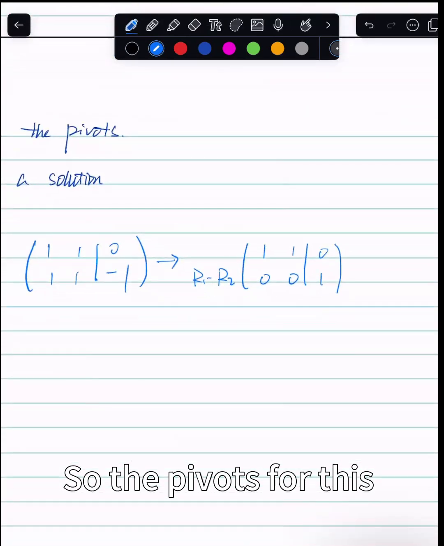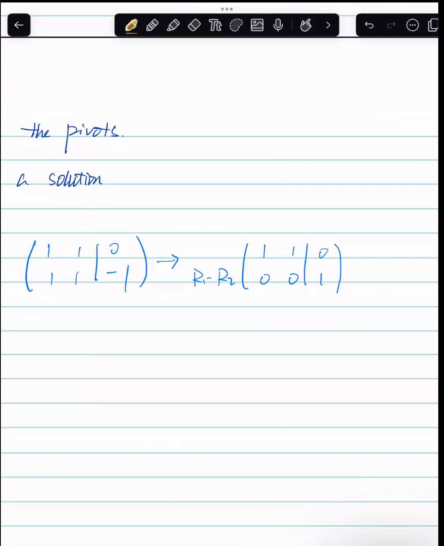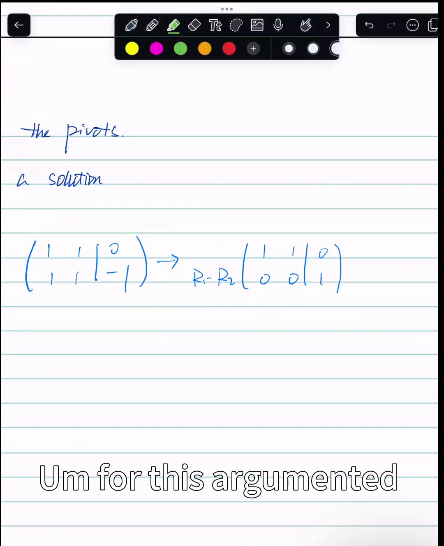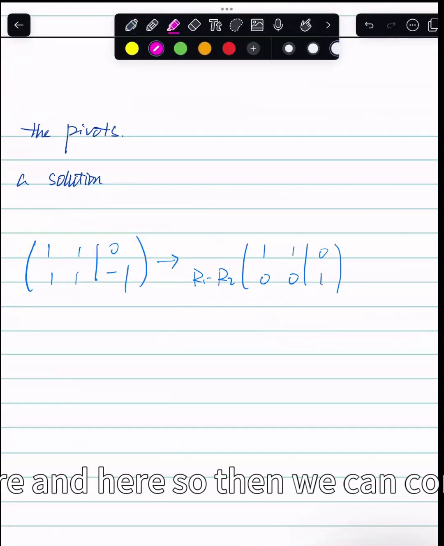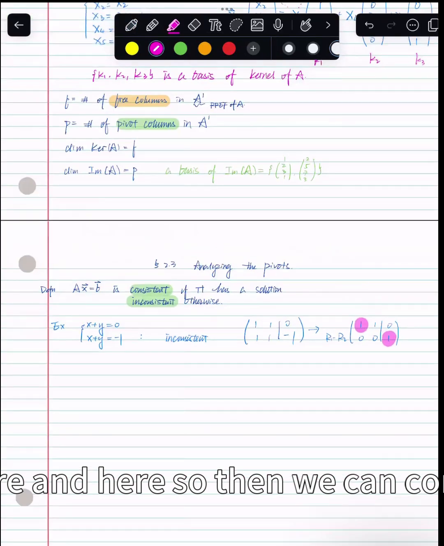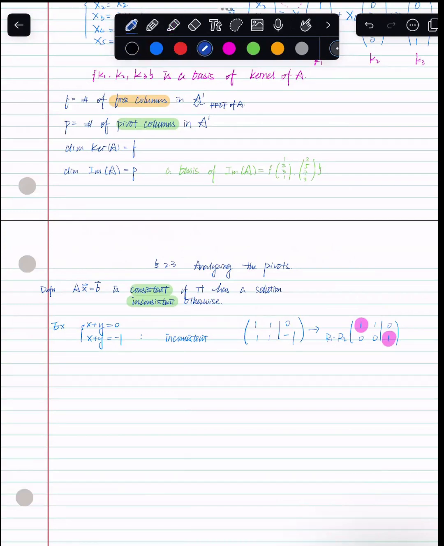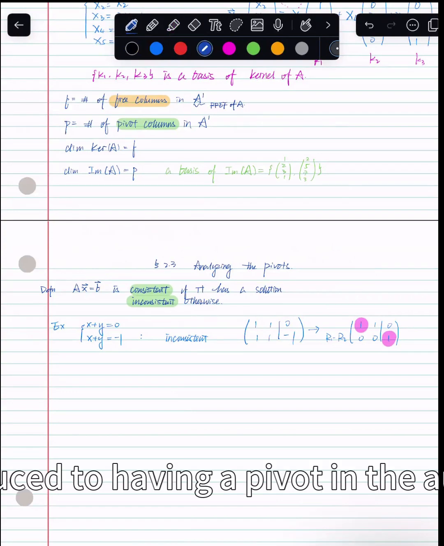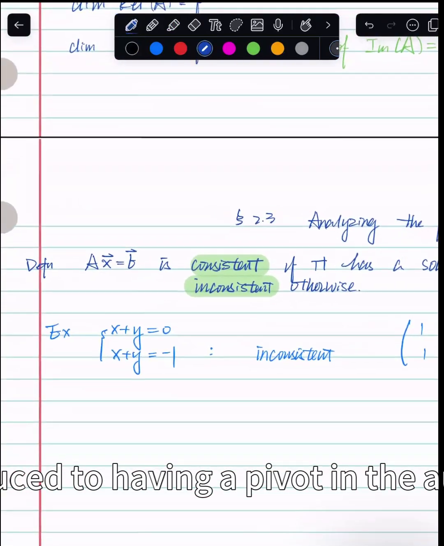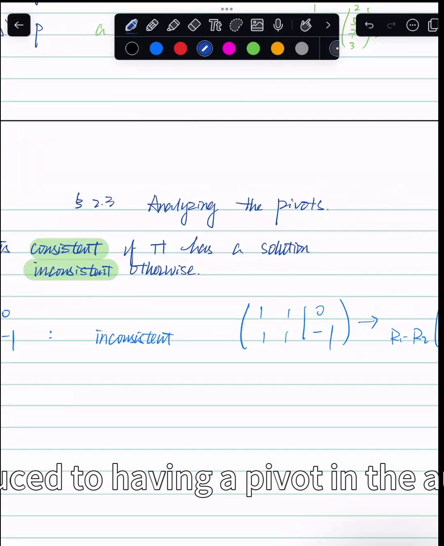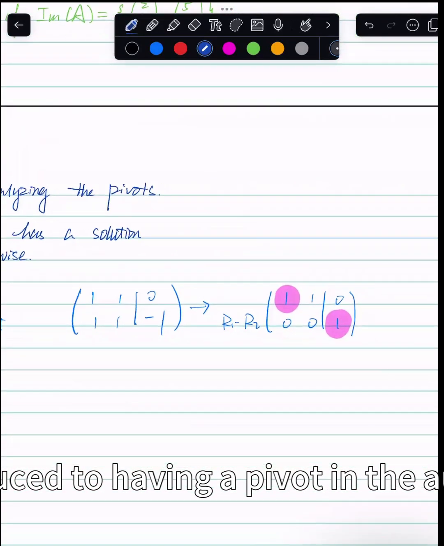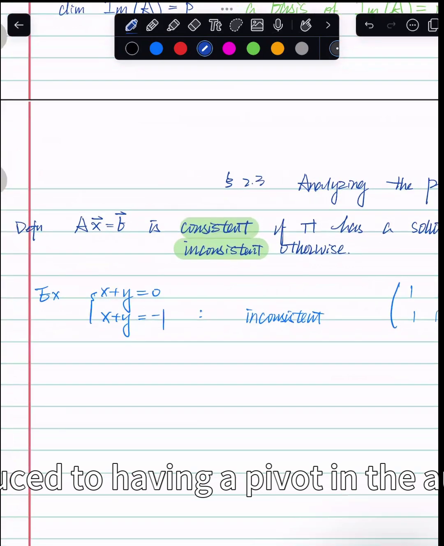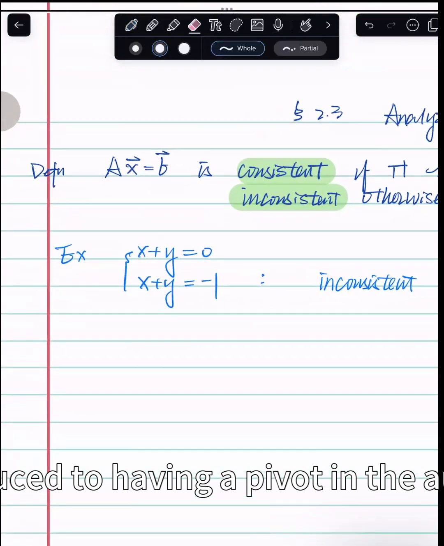So the pivots for this augmented matrix are here and here. So then we can conclude that as long as the augmented matrix row reduces to having a pivot in the augmented column, then AX equals B is inconsistent.